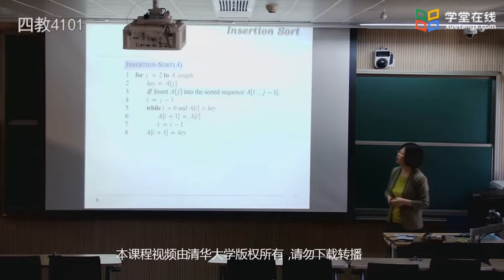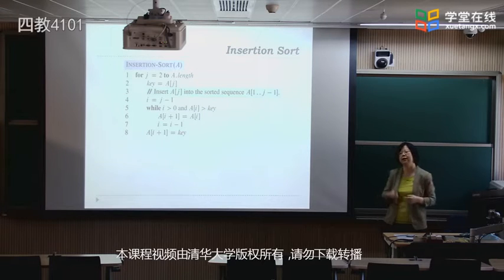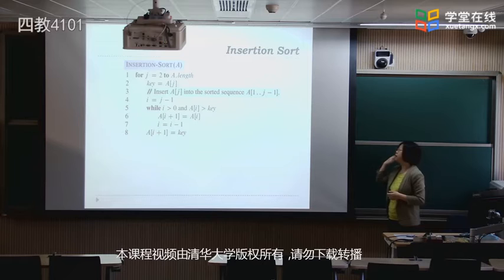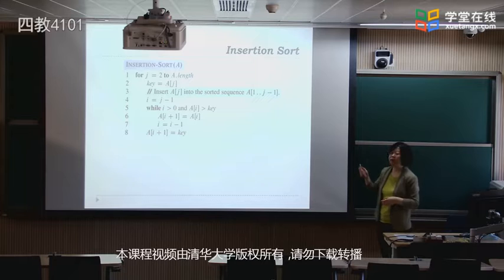We have a pseudocode to just reflect the idea we talked about. So here we have a main loop, which is a for loop, and the loop variable j goes from 2 to the last element of A. We don't start from 1 because the first element by itself is already sorted. And we put A sub j to key to store this value temporarily.